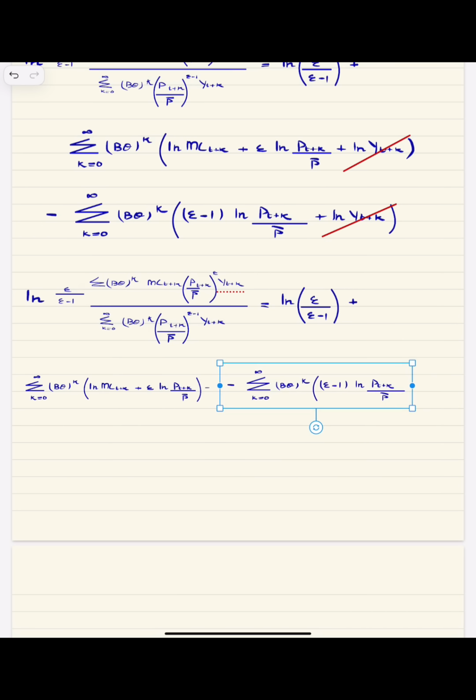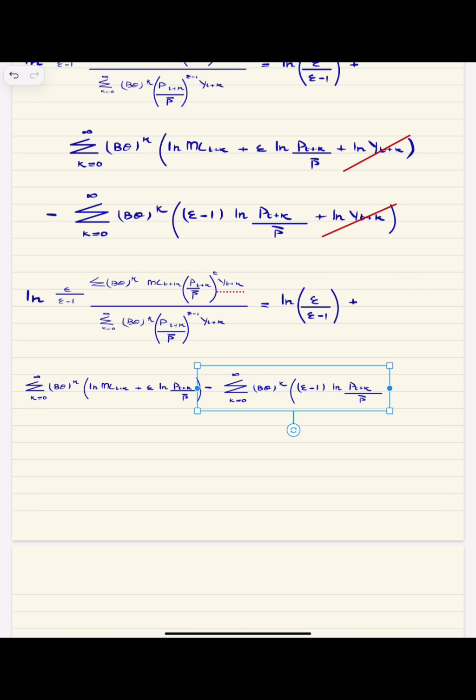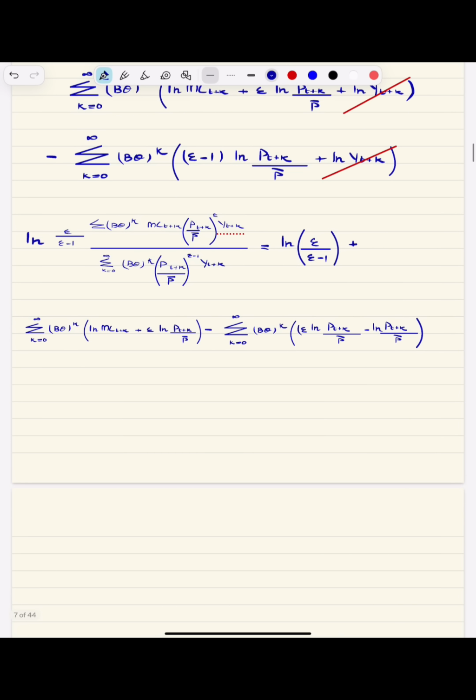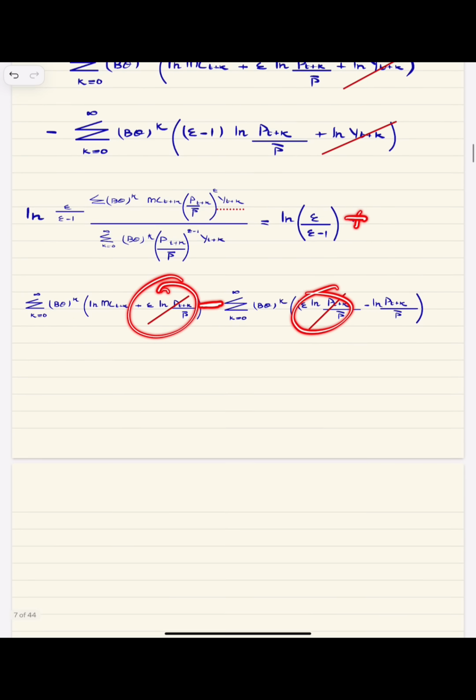But again, I can multiply the epsilon over here, and basically I'm just opening up the bracket, so we'll have this again. Oh, there's no epsilon. Okay, the log of this. So now there are two expressions that can get cancelled out, which are these two, because we have a plus sign associated with this expression and a minus sign associated with this one. Okay, what else?